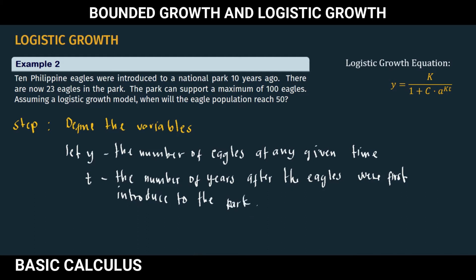So here are our variables. We have y, the number of eagles at any given time, and t will be the number of years after the eagles were first introduced to the park.